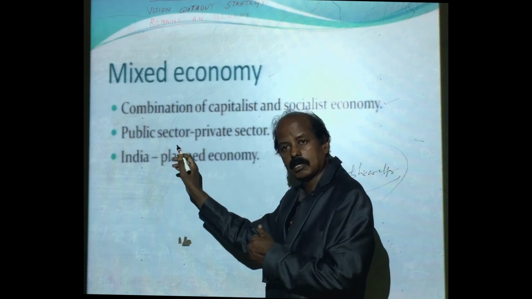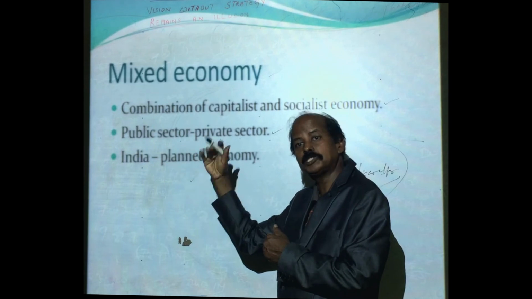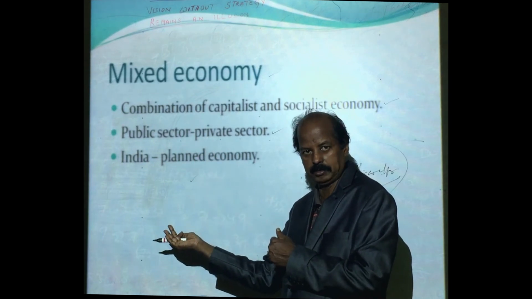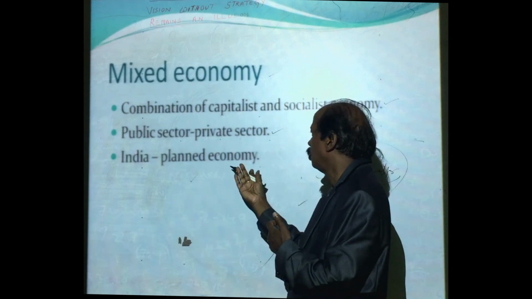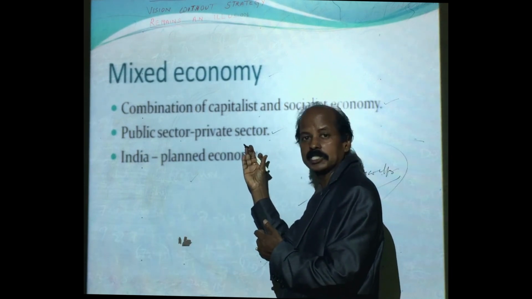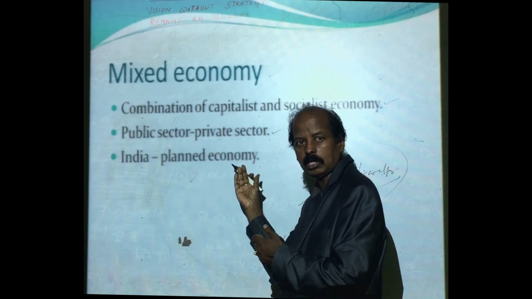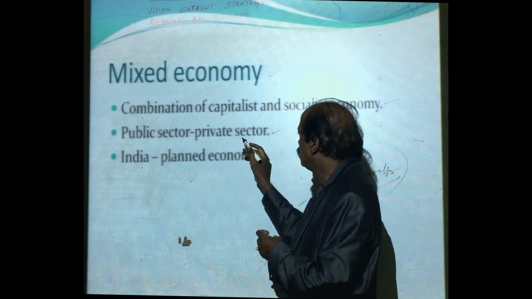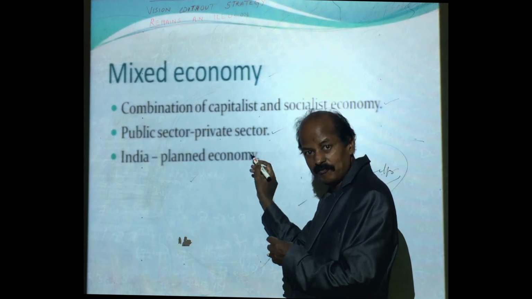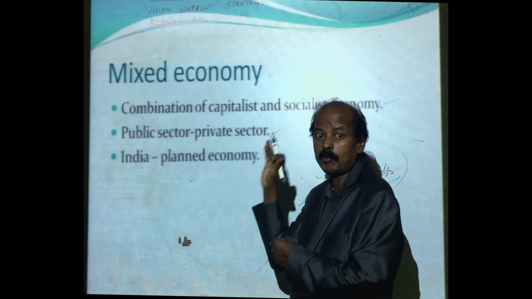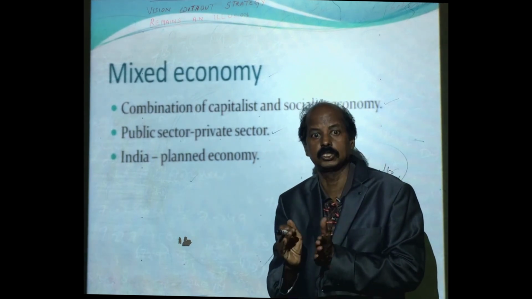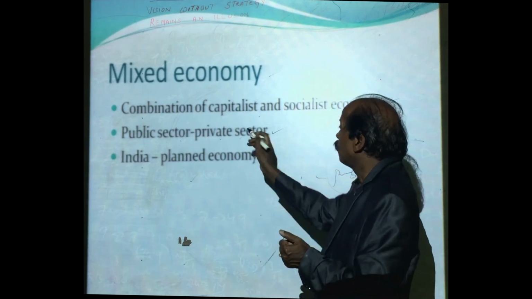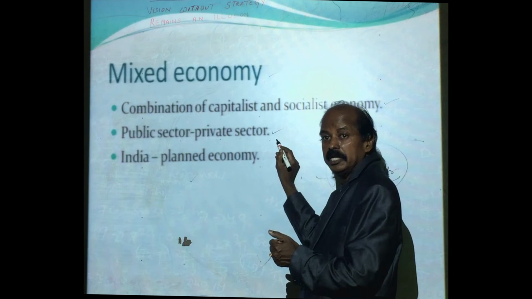Here, public sector plays key role in the mixed economy in the process of economic development, and also private sector plays key role in the process of economic development. When promoting public welfare, government imposes some rules, regulations and controls on the working of private sector in India.